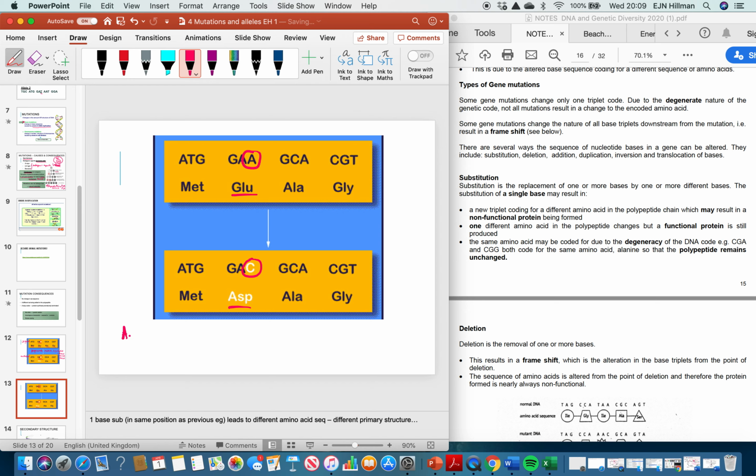We can see adenine is substituted by cytosine, and whatever that amino acid is, I'm so embarrassed, is replaced by that one.